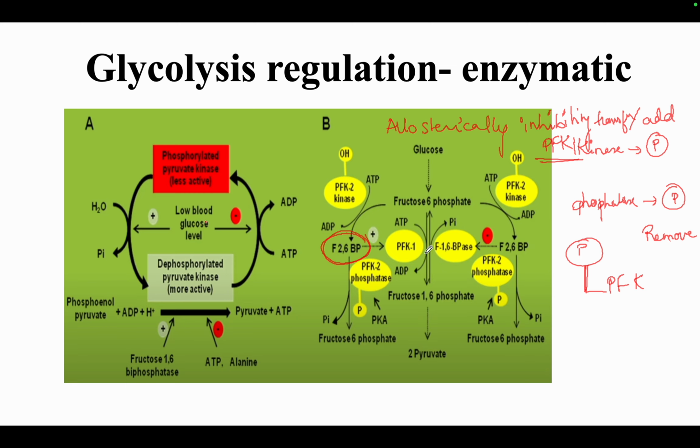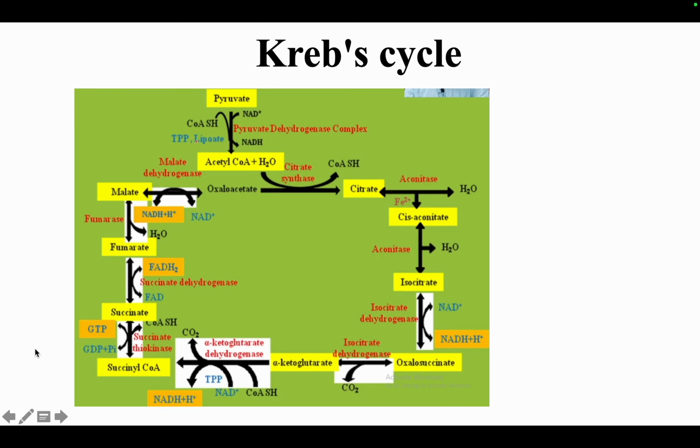Whenever there is phosphorylation of PFK, what will happen? We'll have conversion of fructose 6-phosphate to fructose 1,6-bisphosphate, and whenever this phosphorylation is removed, we have the reverse reaction. So whenever there is phosphorylation, we'll have a forward reaction, and whenever it is removed, we'll have a backward reaction, where fructose 1,6-bisphosphate is converted into fructose 6-phosphate. So this is how this enzyme is getting regulated allosterically.